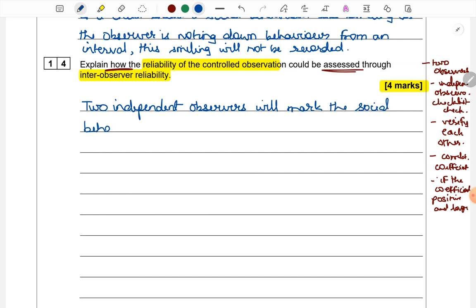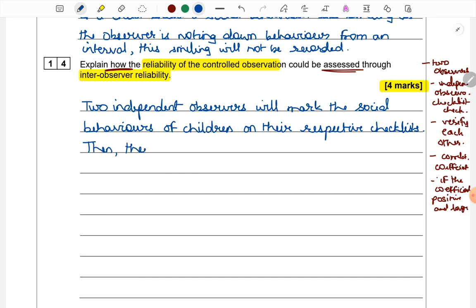Okay, note how I keep using wording from the scenario while I'm answering so that it's relevant. Now just marking does not produce quantitative data, and for correlation coefficient, we need quantitative data. So we'll mention again, I use the term 'then', that is very helpful.